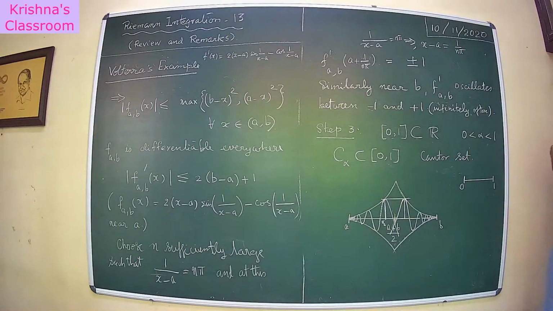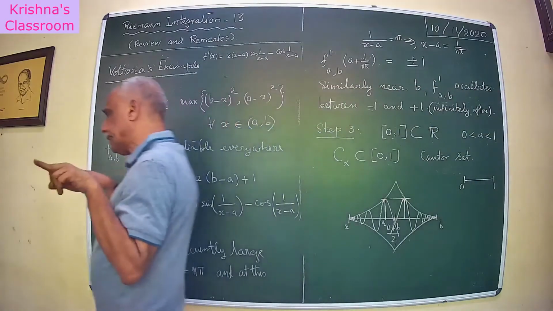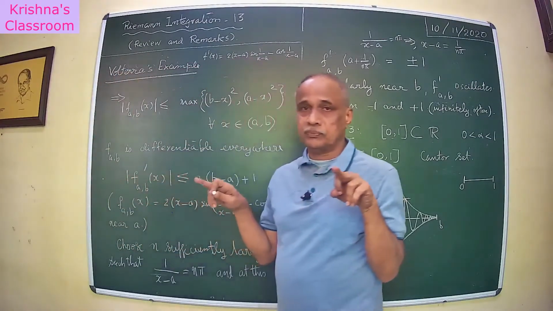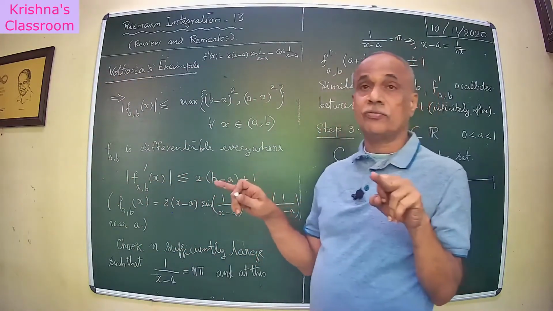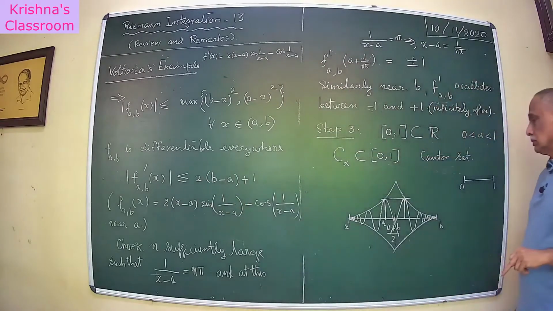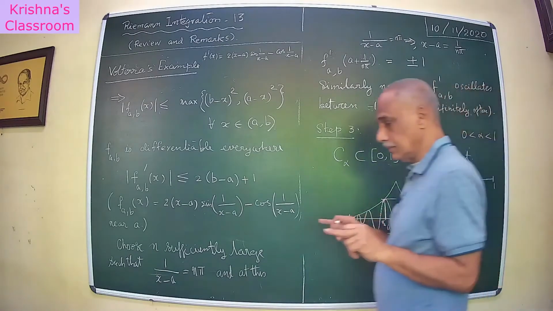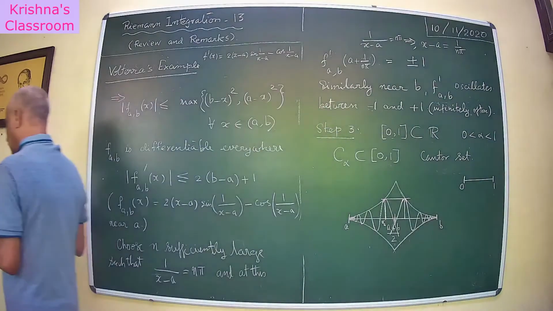the function is uniformly continuous, it has a derivative, it is a differentiable function everywhere, but at points of the Cantor set with alpha less than 1, the derivative of the function is unbounded.